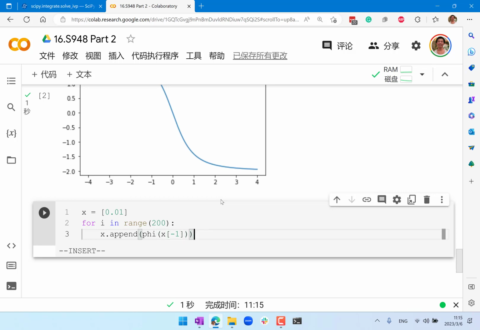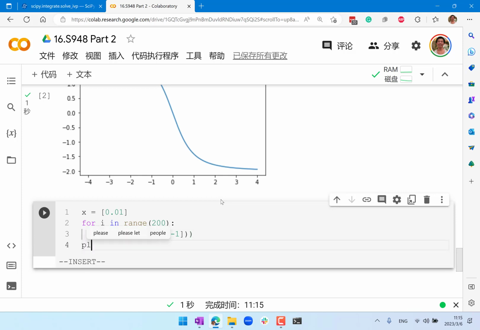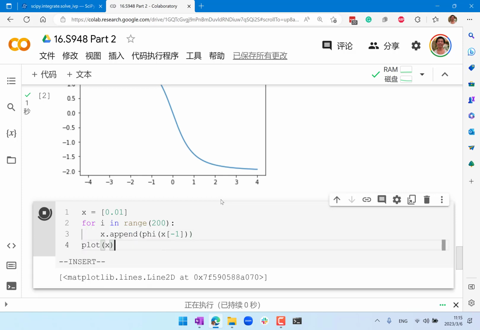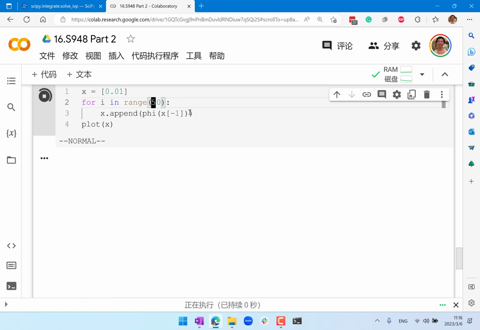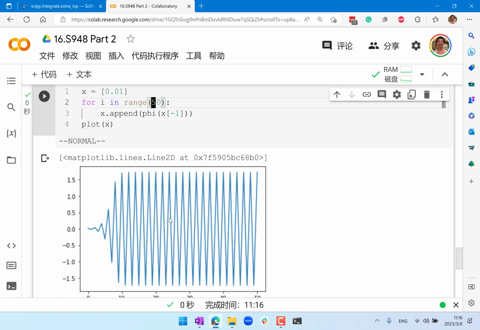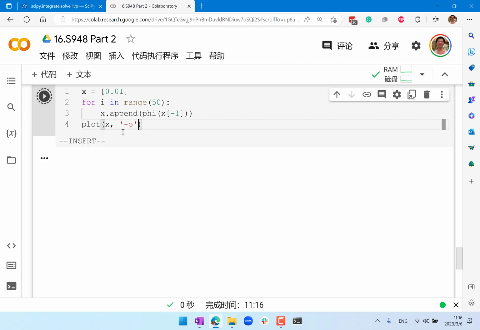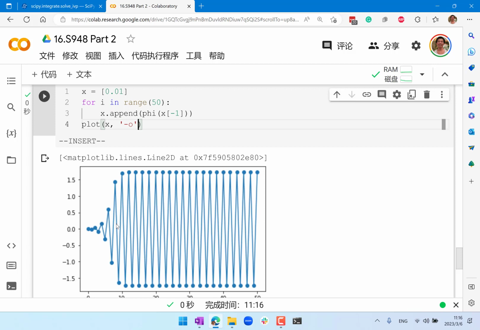So basically x is going to be a trajectory, right? And now let's look at what x history looks like. Maybe we just need 100 or 50, that might be enough to illustrate the trajectory. And let's plot x with a circle so that we see what each solution is like.